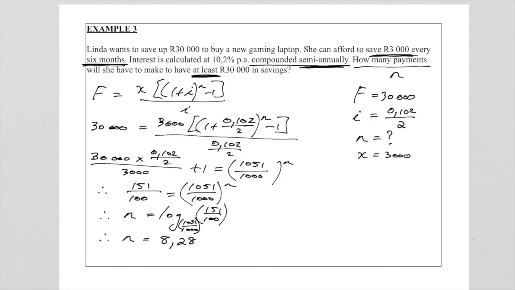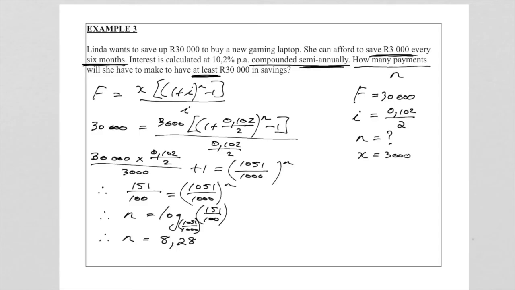8.28. Now what does it mean? This means that she must make a little bit more than 8 payments. So if she's only going to make 8 payments, you hopefully agree she will not get to the 30,000 that she wants to save. So that means she must do more payments.